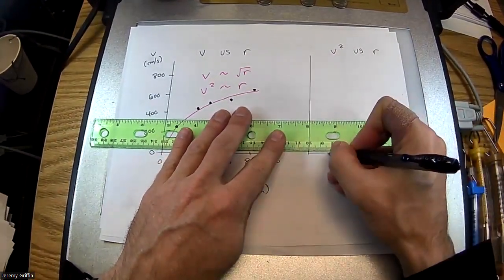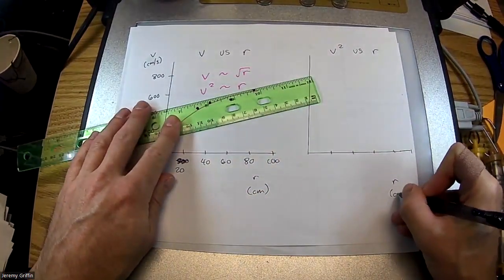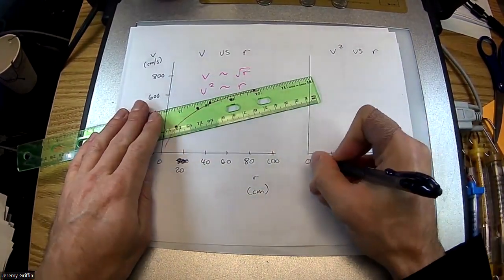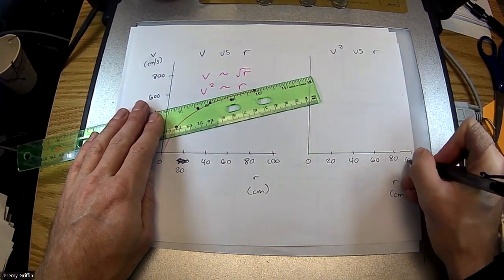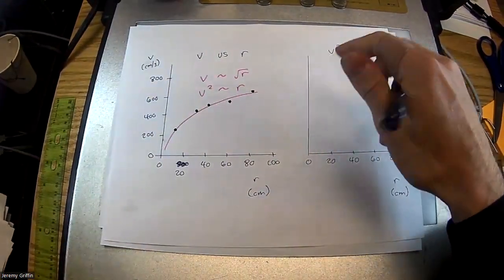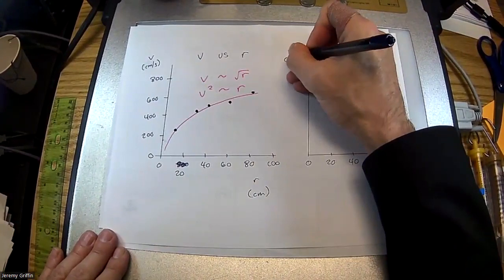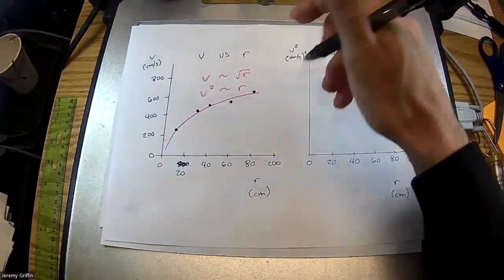That'll just fit on the paper. So the radius in centimeters goes 0, 20, 40, 60, 80, 100. Right. I need to square all these speeds. So speed squared, centimeters per second squared.